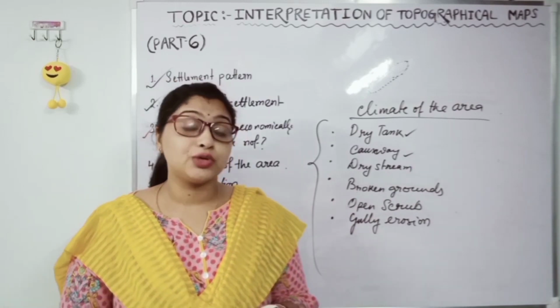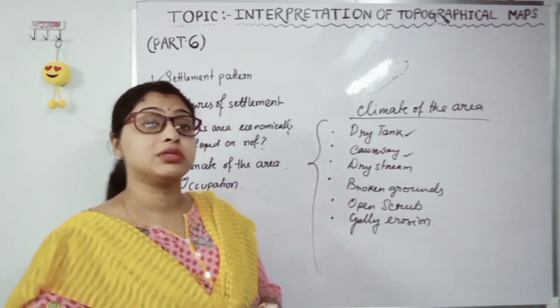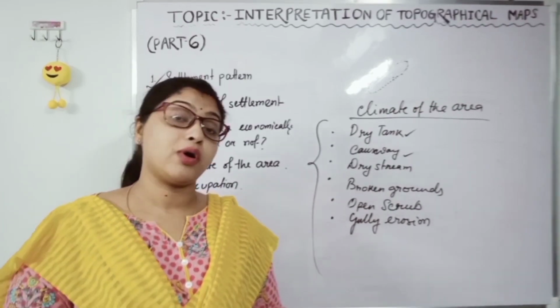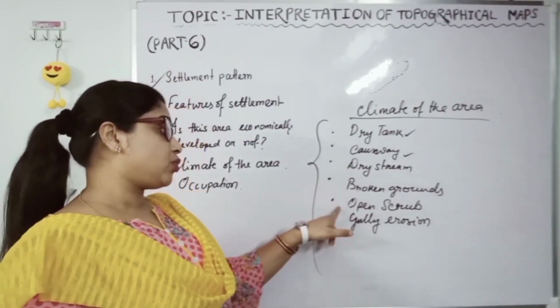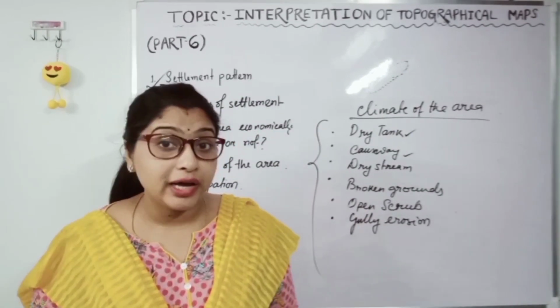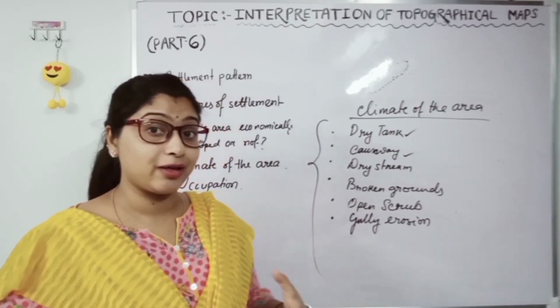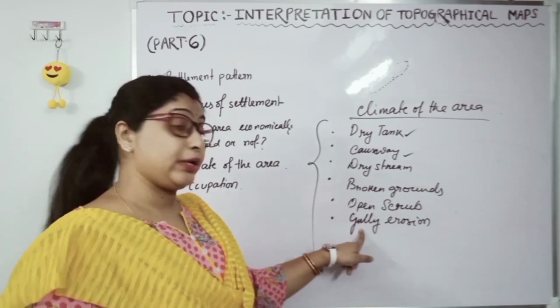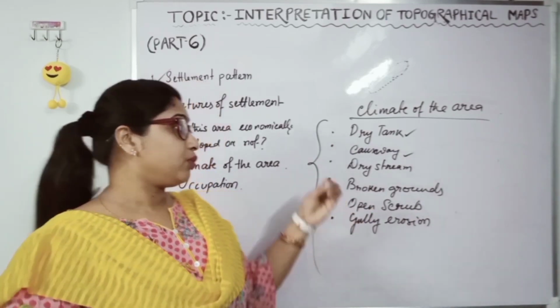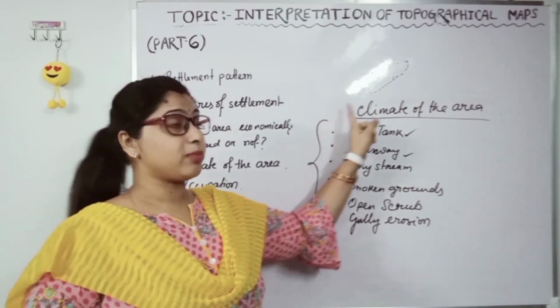Some areas, due to the broken grounds, do not have the fertility of the soil to grow crops. That's why open scrub forms, where people do goat rearing or sheep rearing, rearing of animals. Gully erosion is another example through which we can get to know the climate of that area.